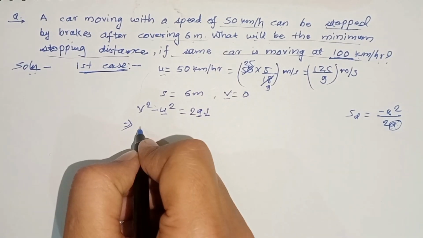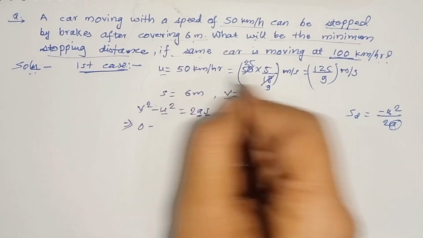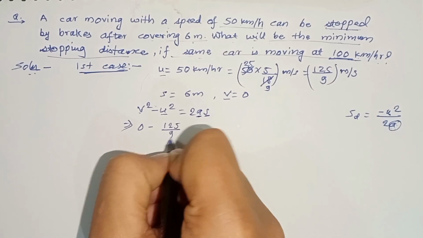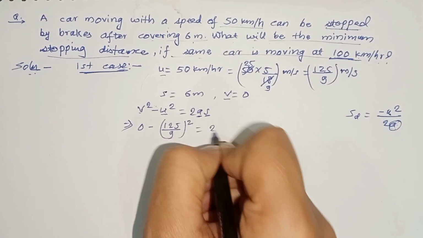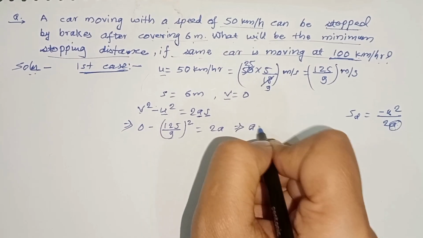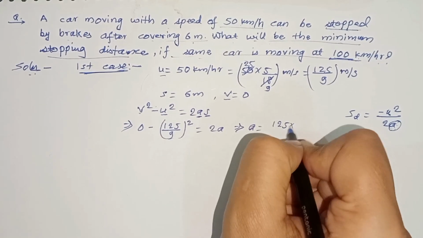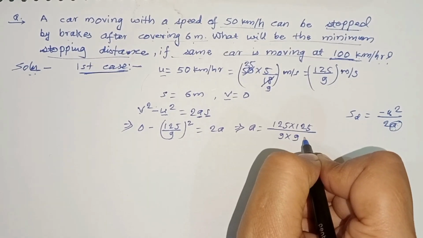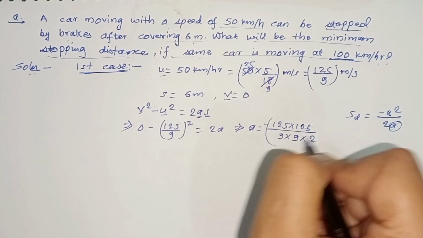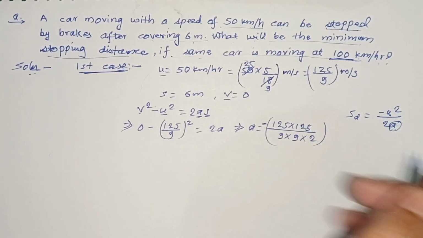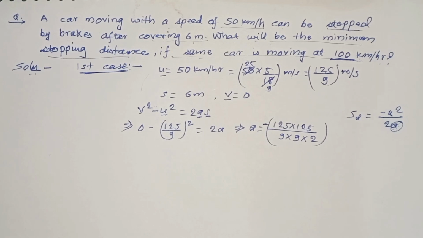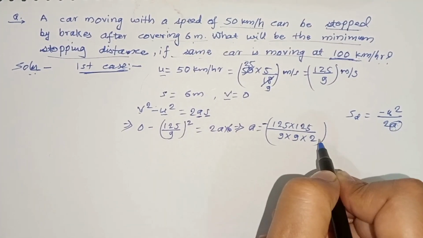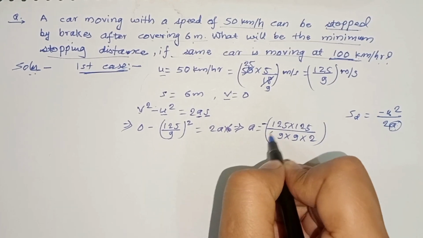So the final velocity is 0, and 0 minus u square, that is, 125 by 9 squared, equals 2a times s. So the acceleration will be 125 into 125 by 9 into 9 by 2, and we put 6 here for s.